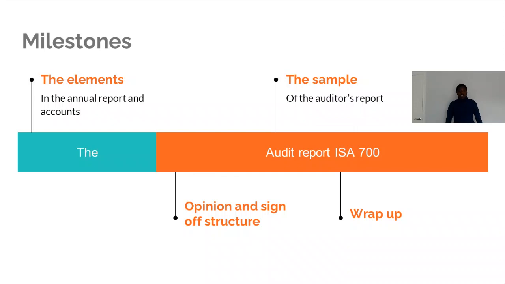Then we will look at the sample of how the audited report should be written. Then we will move on to what should be the audit opinion, how should it be framed and signed off properly. The sign off structure, the opinion structure. Then we will wrap up.